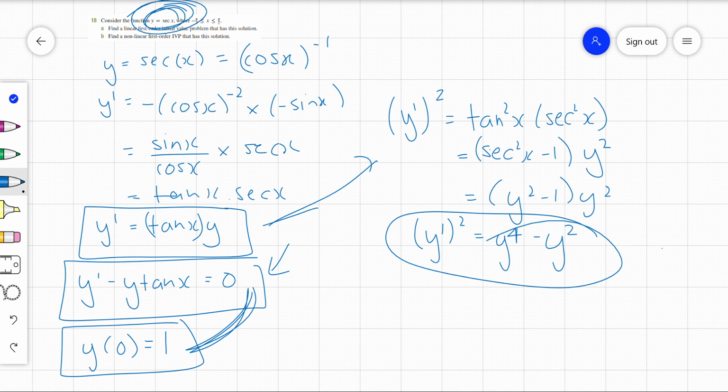So it's now non-linear, but it's still first order. I've just got y dash, not y double dash or anything further than that, just y dash, so it's first order. And now it's non-linear. And the same thing, we would still put this with it, so the solution would still be y equals sec x.